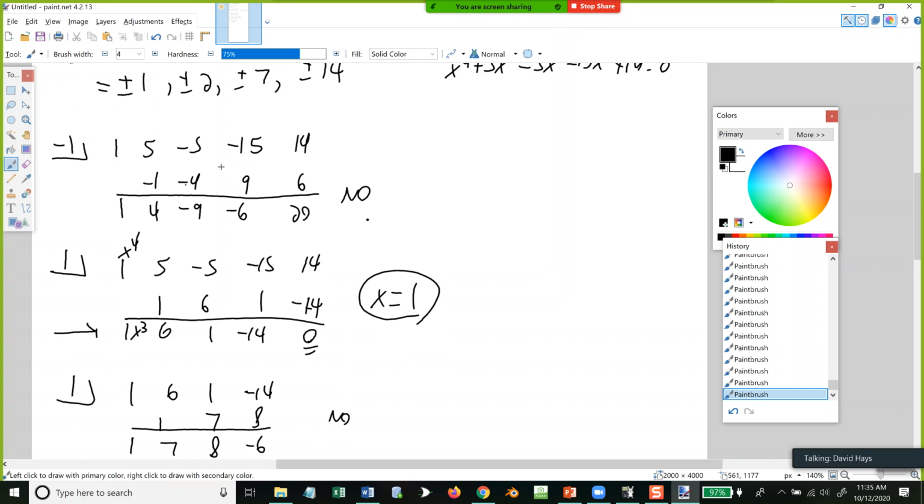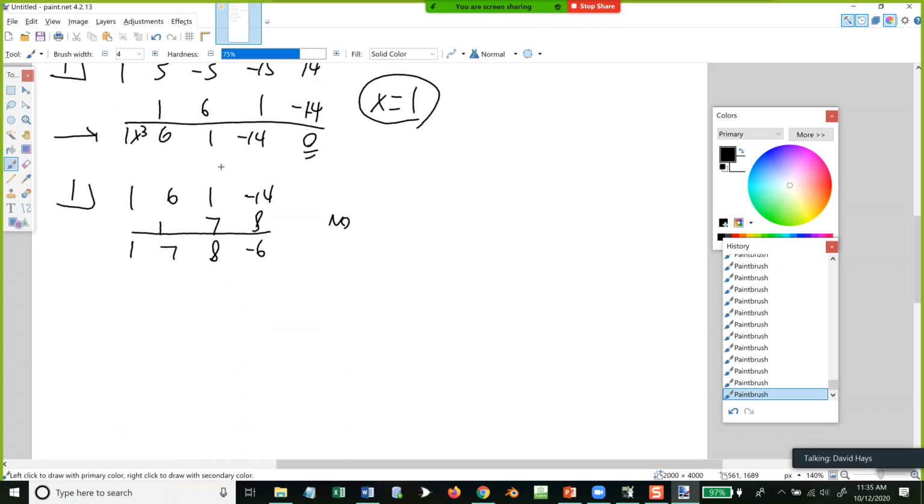So I go to my next number, which is negative 2. Add, multiply, add, multiply, add, multiply, add. Again, we're looking for a remainder of 0.